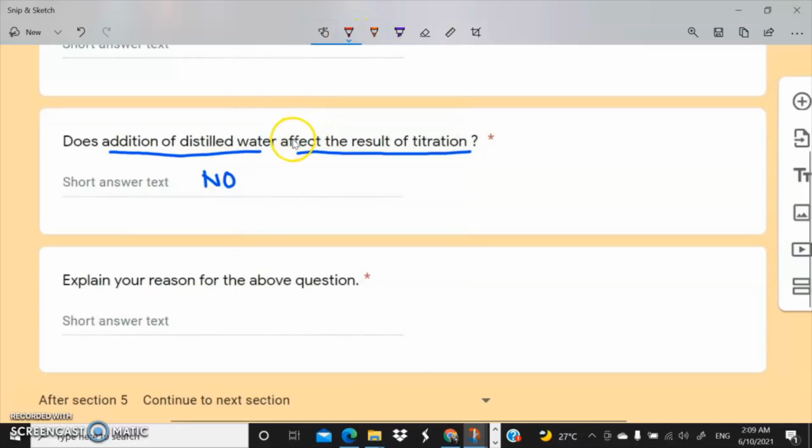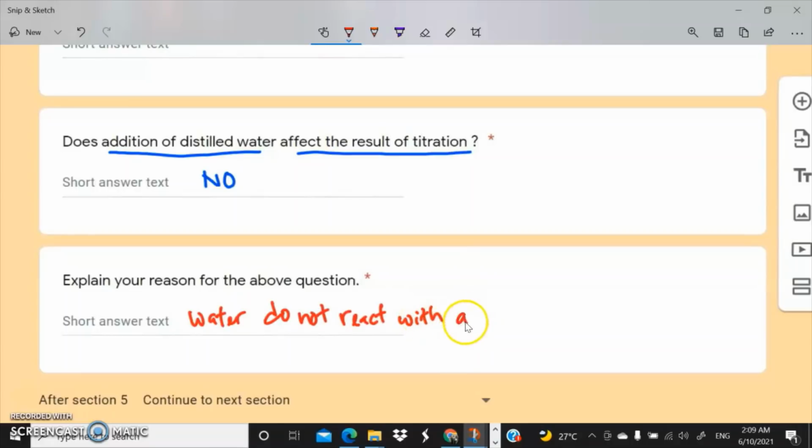When you do the titration, when nearly going to reach the end point, you will add distilled water. Why does the distilled water never affect your result? Because water does not react with acid and base. So this is the answer.